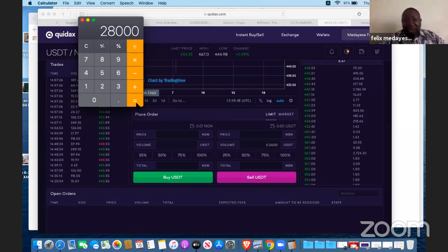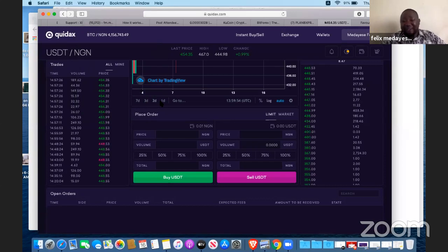That's about 28,000. So just that transaction: you buy from your Quidas, transfer it to your Binance and sell it to naira immediately, you have 28,000 naira. And you can withdraw it to your bank account and take it back to crypto.com and buy again.